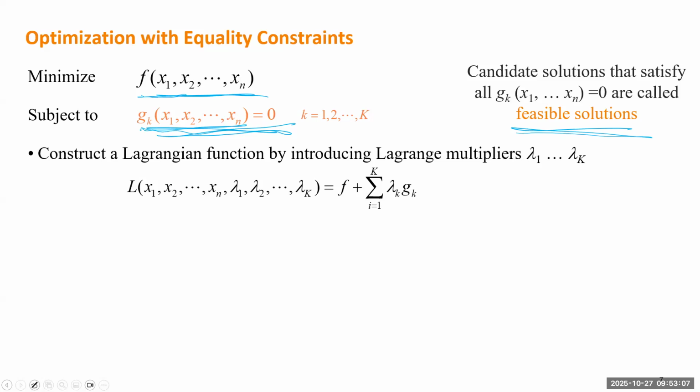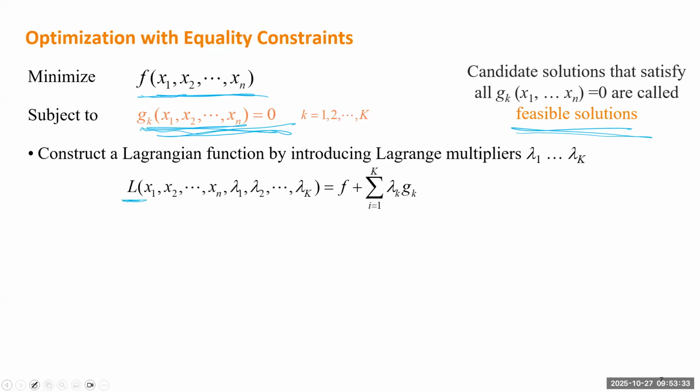So the approach to convert this constrained optimization to an unconstrained optimization is a technique called the Lagrangian function. We have an original cost function, but we introduce another, more general cost function called the Lagrangian. The Lagrangian is based on the original cost function.